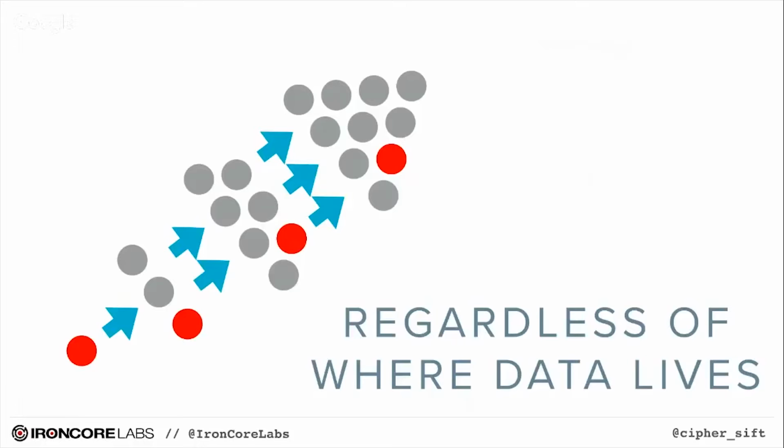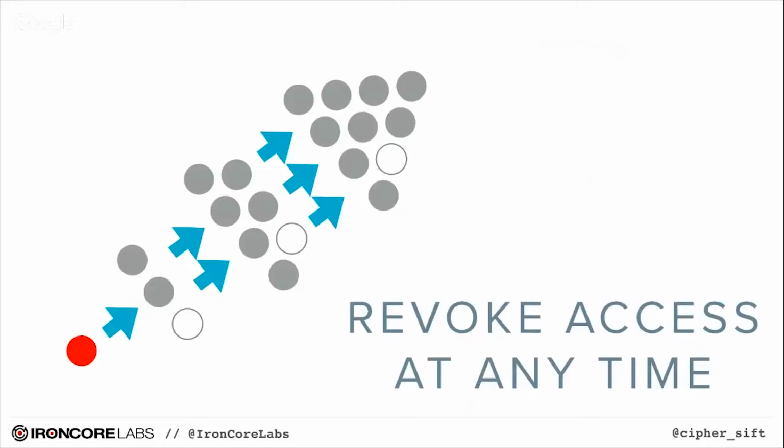Whether it lives in the cloud, in an on-prem database, or on disk, doesn't matter. We want to be able to see where it's being used. And what if you could revoke access at any point, no matter where it's stored?